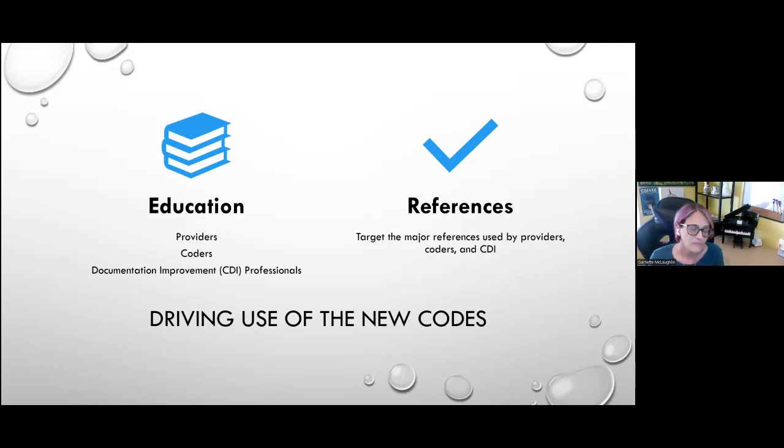And then targeting some of the references that are out there. I have a huge reference library of different books that help me assign the right codes. So targeting some of the major used references to have something included about leukodystrophy is also going to really drive the correct use of the codes.